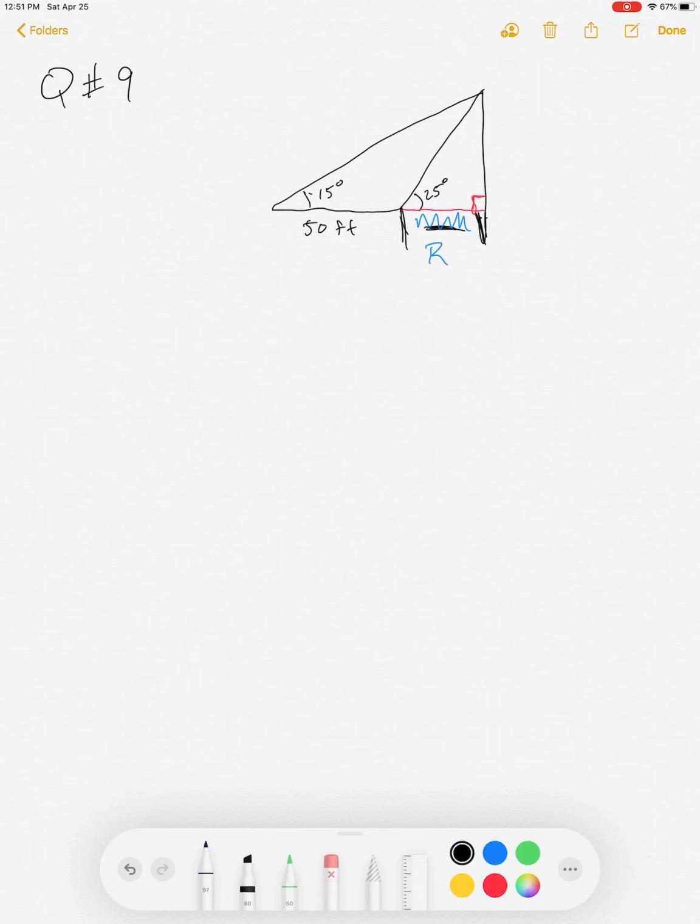So I know that this one bigger triangle is 50 plus R for the base of the triangle, and the height of the tree is T, let's say. And I know that this is 15 degrees.